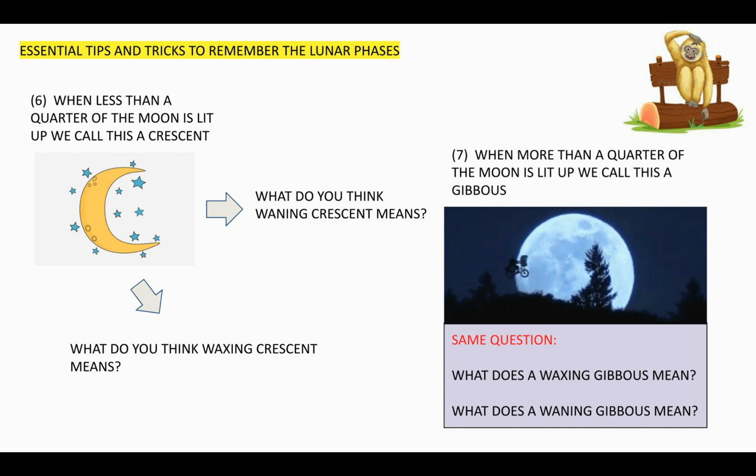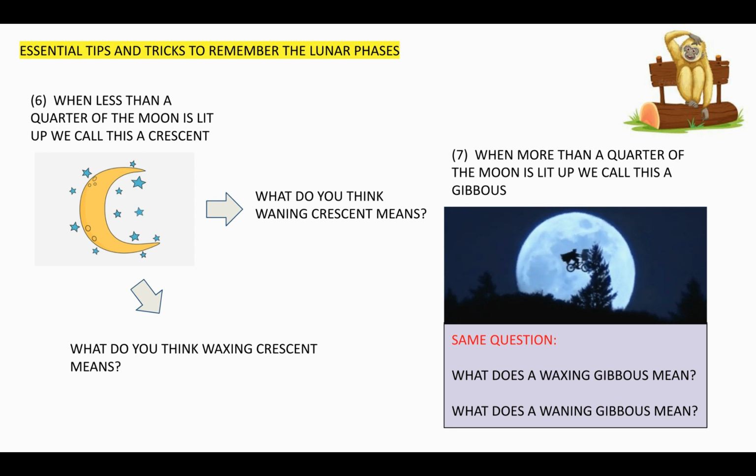The next thing after that is the gibbous. When more than a quarter of the moon is lit up, we call this a gibbous. If we picture a circle in front of us, you would basically have a half, because you're not seeing a half in front of you, if you get what I'm saying.